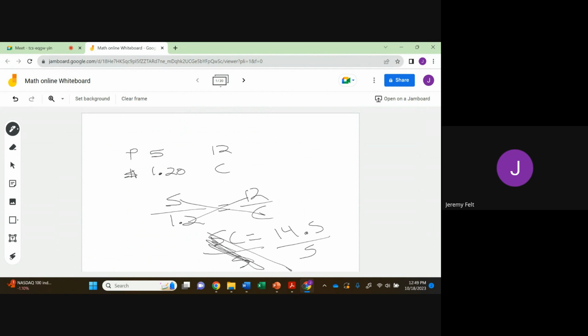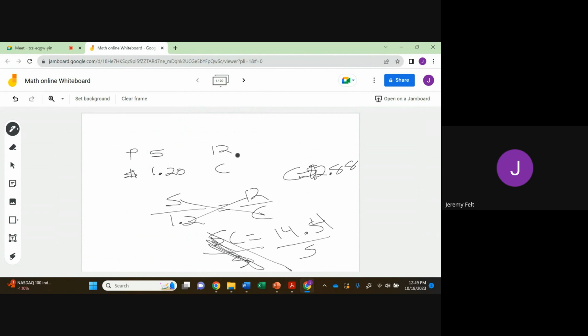Sorry, that's 14.4, not 5. So 14.4 divided by 5 gives me $2.88. Okay, so that is the cost of 12 pencils.